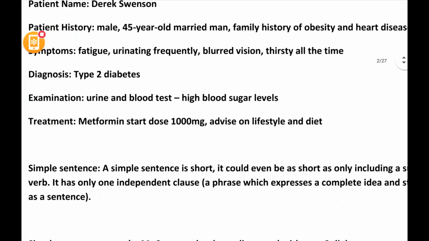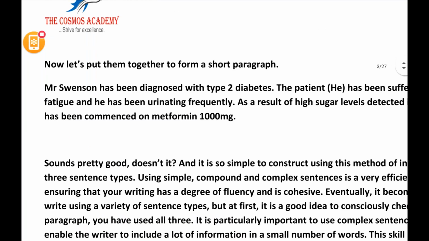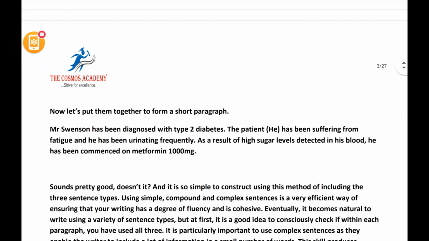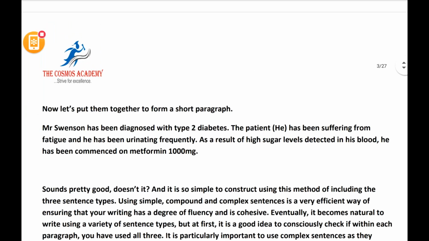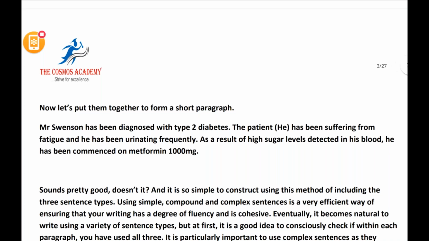Okay, so I will show you the example now of how you can write. This is just in 3 lines, they have written as a short paragraph. This is what is called how to write precisely.